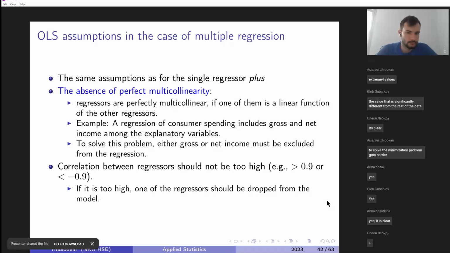Yes, and what you want to see is how your regressors correlate with each other. Generally, as mentioned here, you don't want to have a correlation higher than 0.9 or lower than minus 0.9, because that tells you that they explain each other almost fully. I talked only about the example where one regressor is explained by another, but it can be the case that one regressor is explained by all the others.